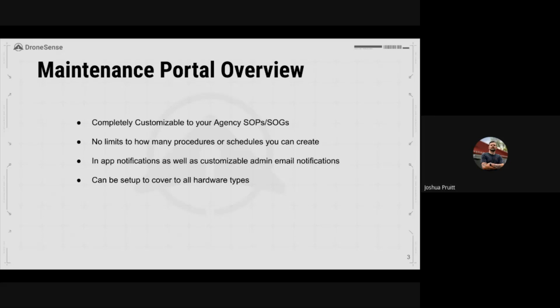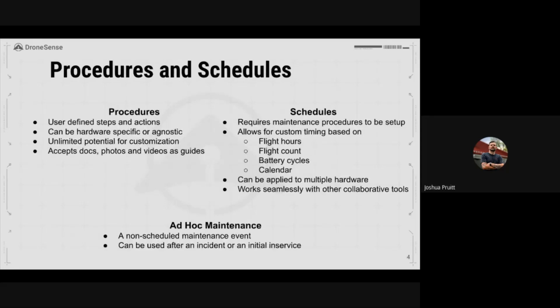So when we talk about maintenance, there's 2 pieces to this puzzle, if you will. The first one is procedures. Procedures are essentially the user-defined steps and actions you're going to take on this aircraft. Things like checking the airframe for cracks, checking our prop for cracks, making sure all of our fittings are tight, things like that.